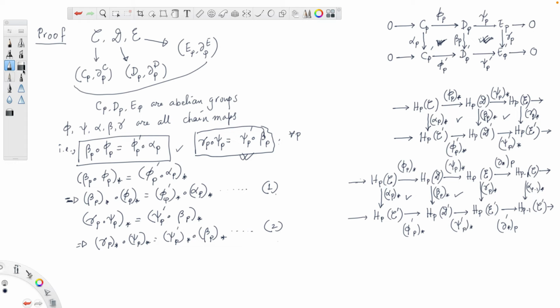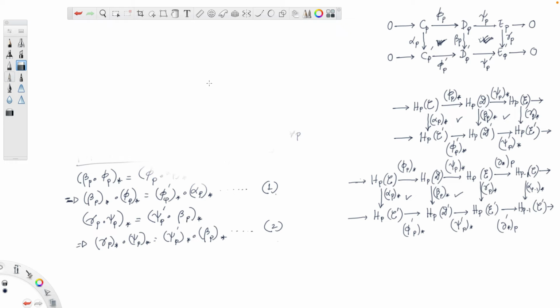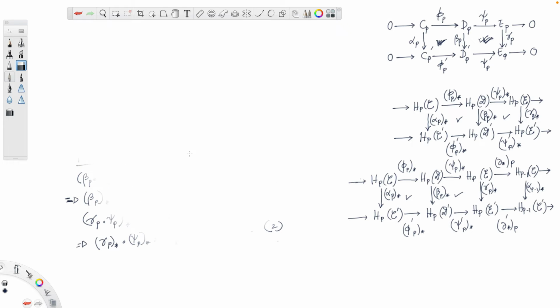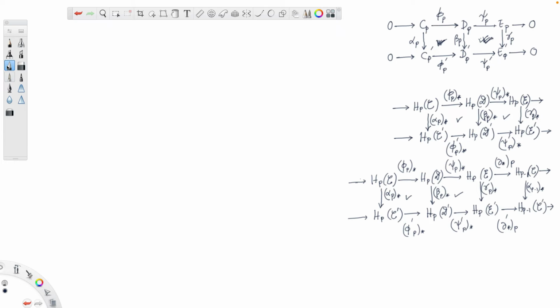But before that, we have to recall the construction of the homology boundary homomorphism. So let us recall the construction of this homology boundary homomorphism from lecture 4.